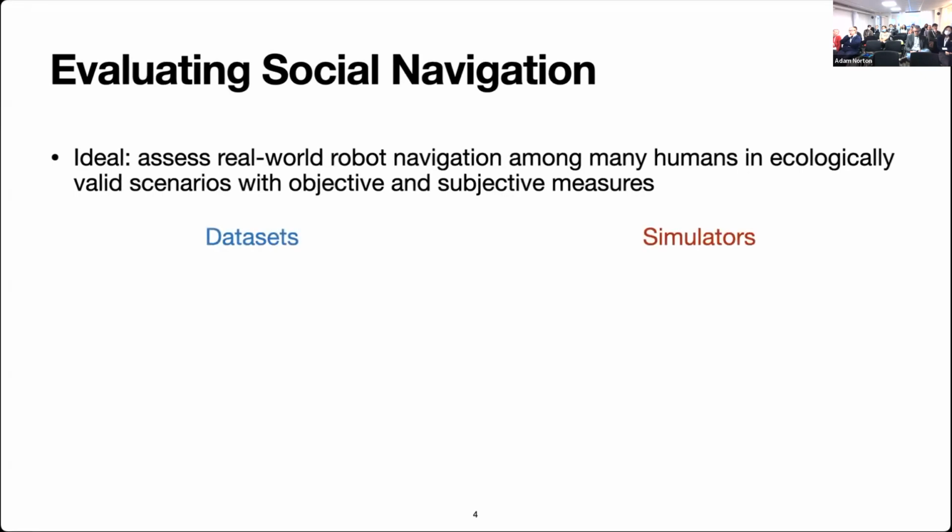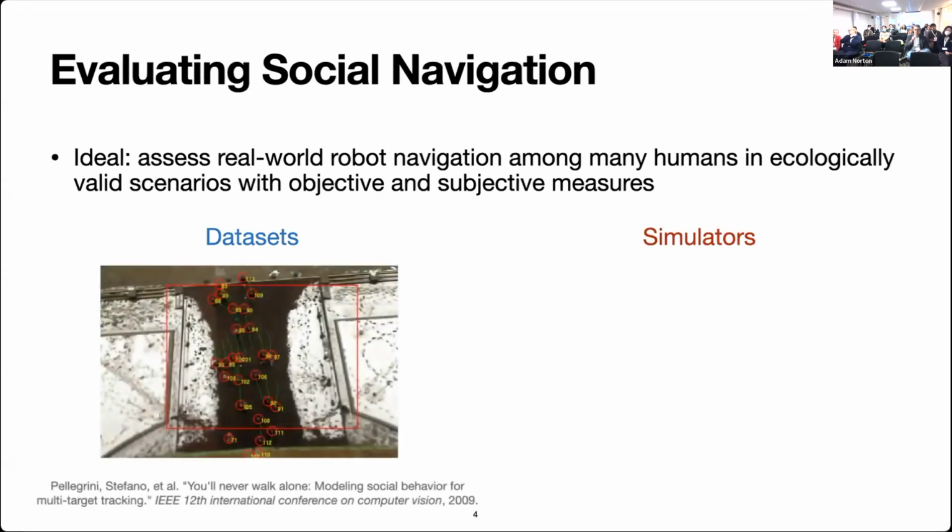And there are two big camps, or two big ways of achieving these evaluations of these kinds of algorithms. One is to use data sets. So there are many open source data sets of human navigation. A lot of them take this aerial view, and you can compare your robot's navigation to what a human in this data set does. So you replace one of the humans with a robot, you run your algorithm, and you see how similar your robot was to a human in that same scene.